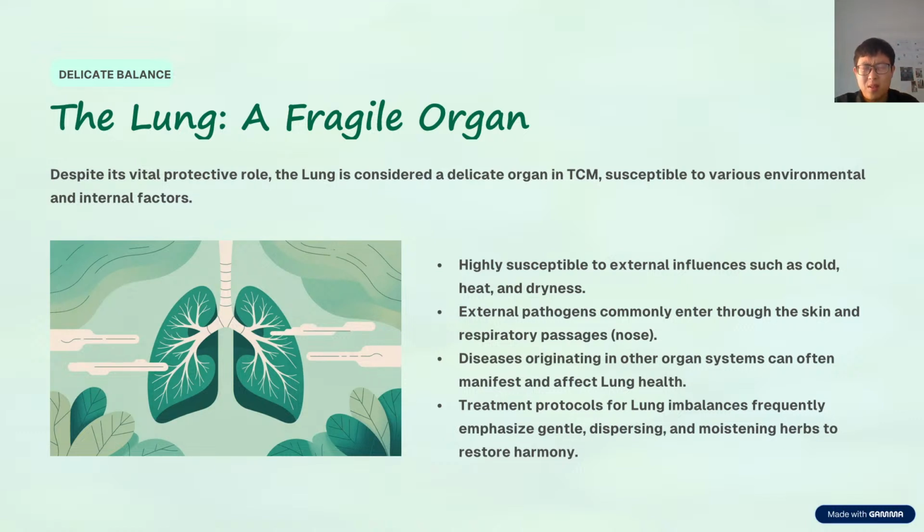What does that mean? The lung connects to the outside world through your skin because on our human body, there are a lot of small holes in your skin. Especially when you're sweating, the holes on the skin get bigger, right? Because the holes on your skin get bigger, the sweat comes out.